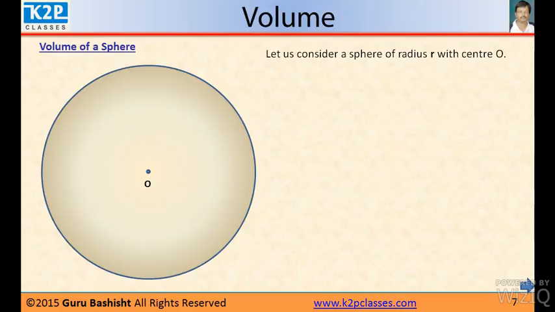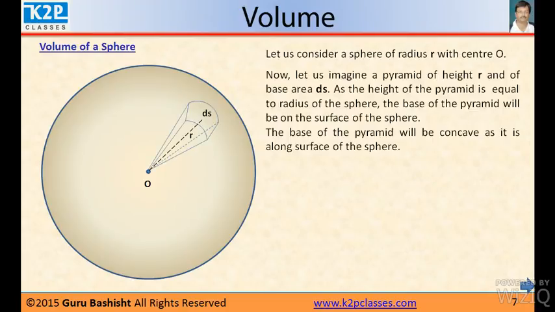Here again there is another method to find the volume of the sphere. Let us consider a sphere of radius r with center O. Let us imagine a pyramid of height r and of base area ds, where ds is a small surface area. As the height of the pyramid is equal to the radius of the sphere, the base of the pyramid will be on the surface of the sphere.